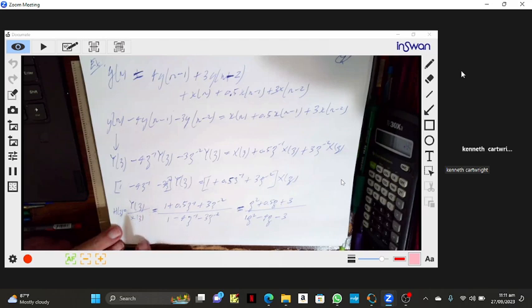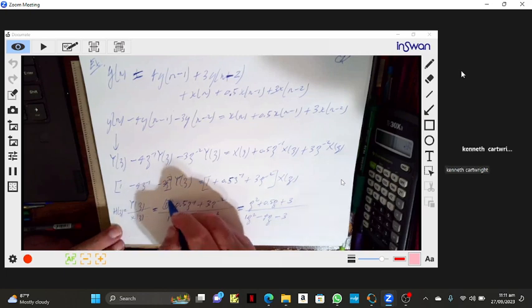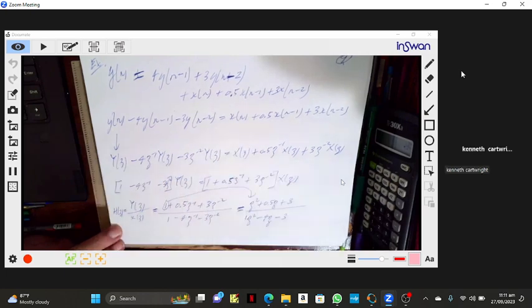Young man, what did I multiply by? So how does 1 become this? So you multiply by z squared. That's not z2, that's z to the power of 2. Z squared.